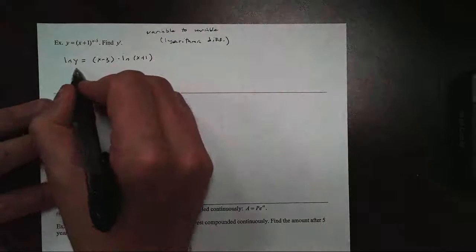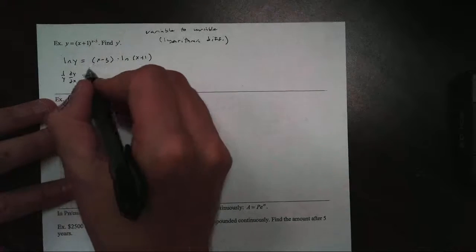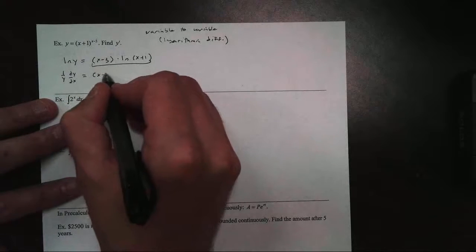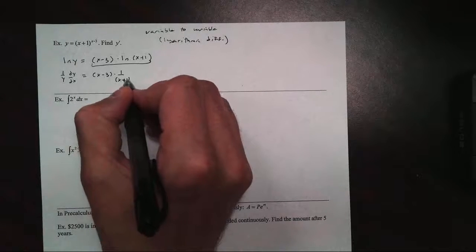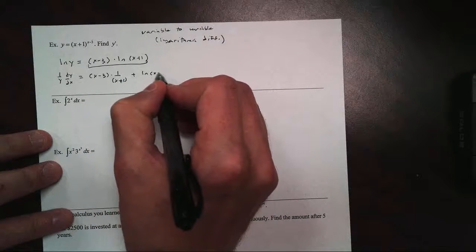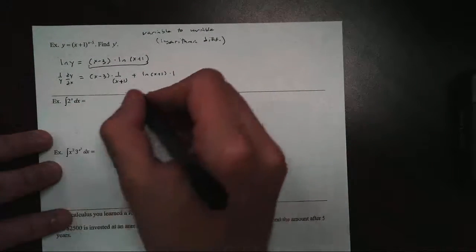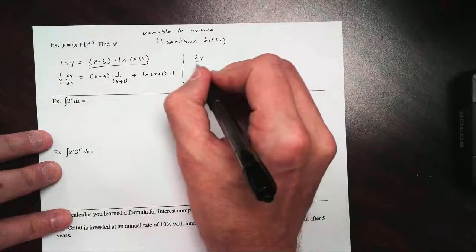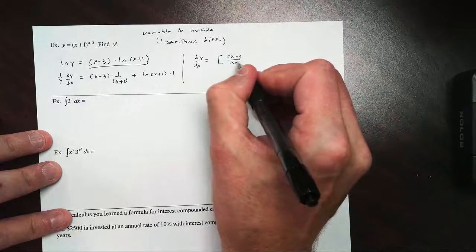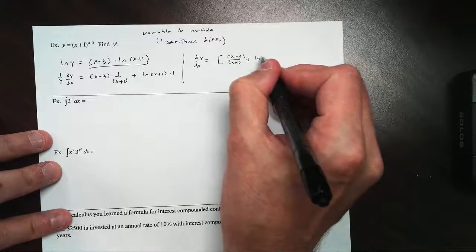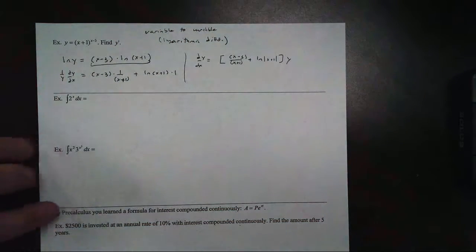So when I do the natural log of y, we get 1 over y, dy dx. Over here, product rule: the first times the derivative of the second, 1 over x plus 1, plus the second times the derivative of the first, which just becomes 1. Multiply both sides by y, I ran out of room, so dy dx, we get the quantity x minus 3 over x plus 1 plus the natural log of x plus 1, and I multiply all of that by y.